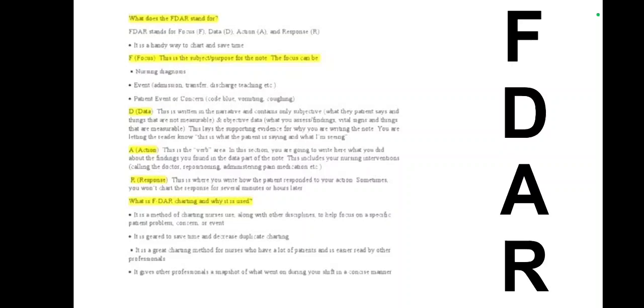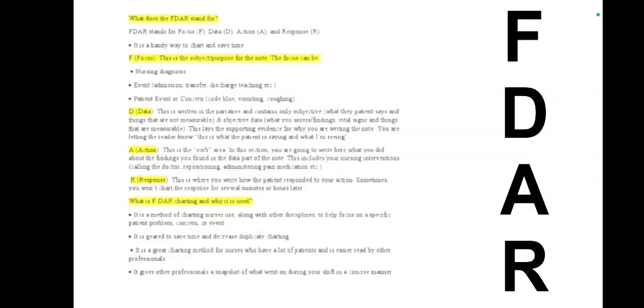In SOAPIE, the assessment is only a nursing diagnosis. We cannot write a problem or an event there. Here, in FDAR, we can use a problem or an event that will happen or that the patient must have undergone.